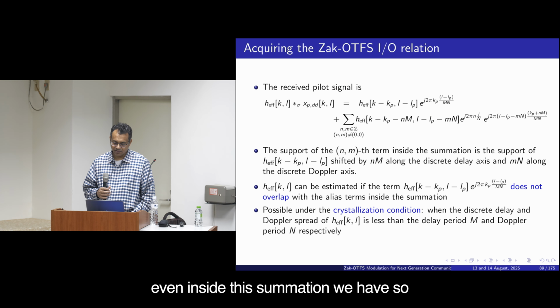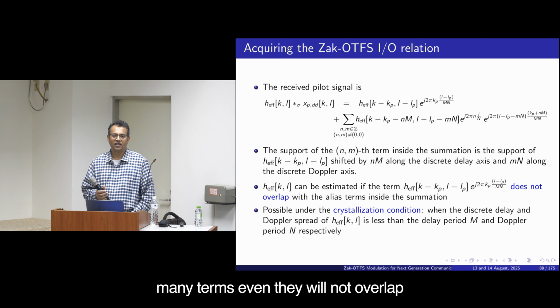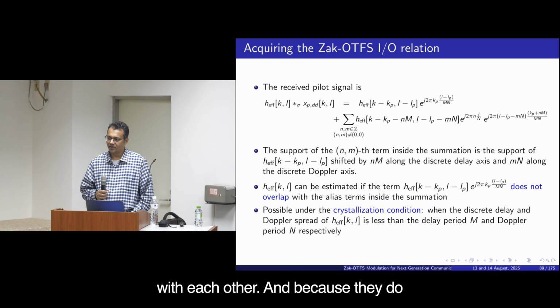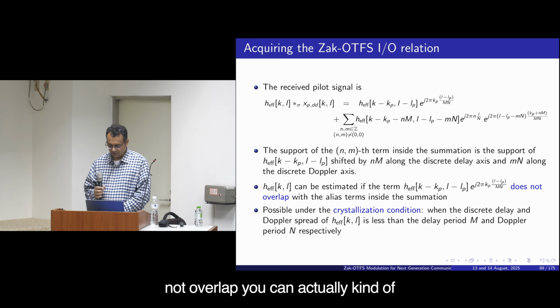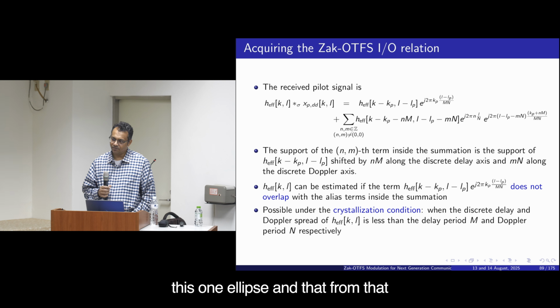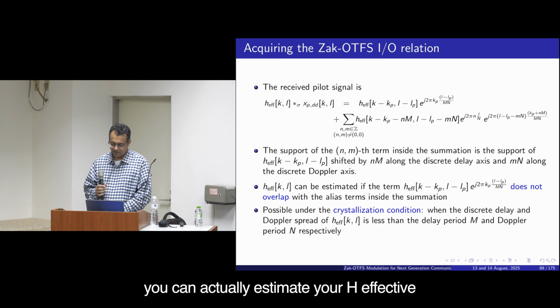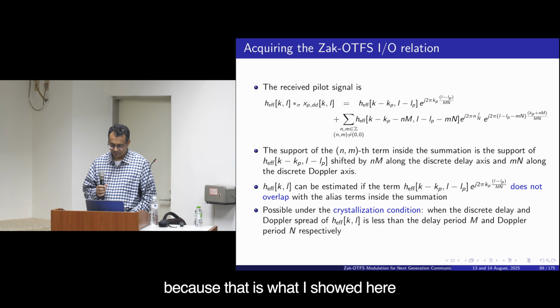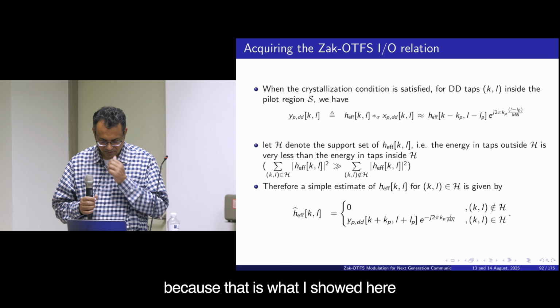Even inside this summation we have so many terms, even they will not overlap with each other. And because they do not overlap, if you observe only in this region here, you will only see this one ellipse. And from that you can actually estimate your H effective.